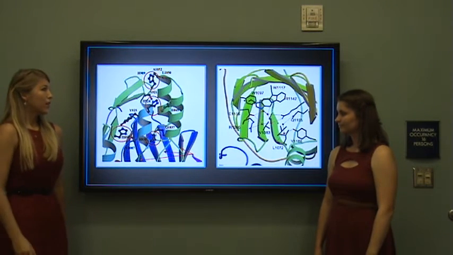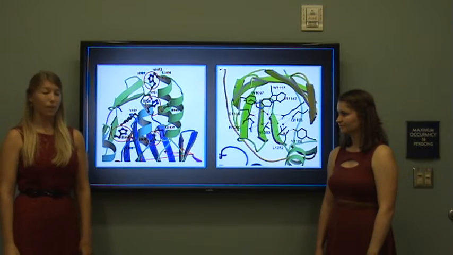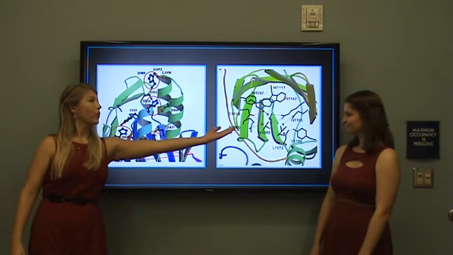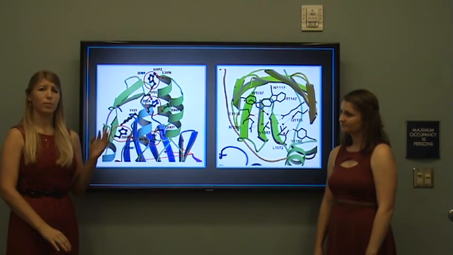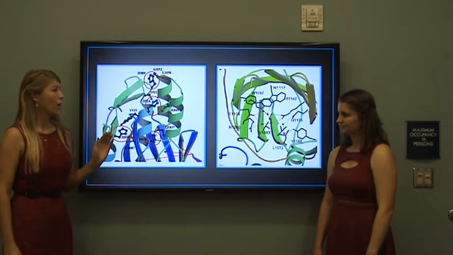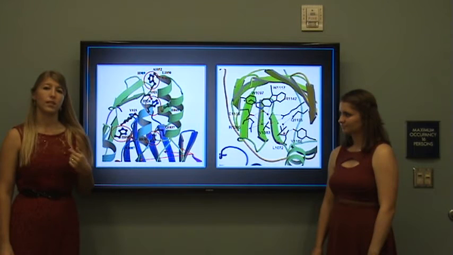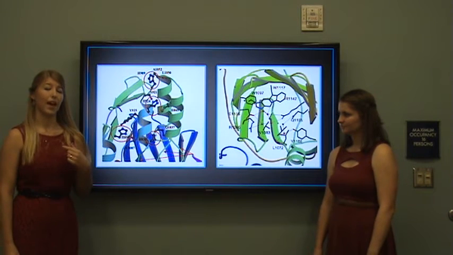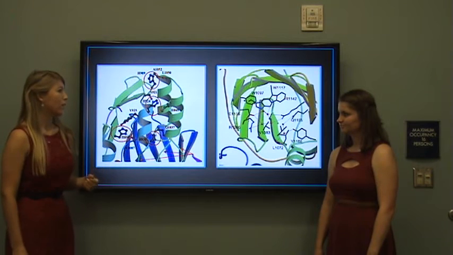The active site for luciferase is referred to as the putative ligand binding site, and it can be seen right here. In this example, there are a few molecules that have been stripped away just so it's easier to see the active site. But it is also bound to water molecules because luciferase is bound to water molecules when it is at a basic pH, such as pH of 8.